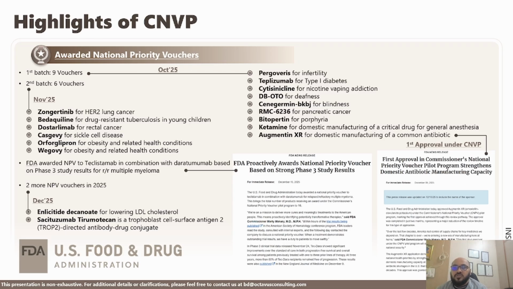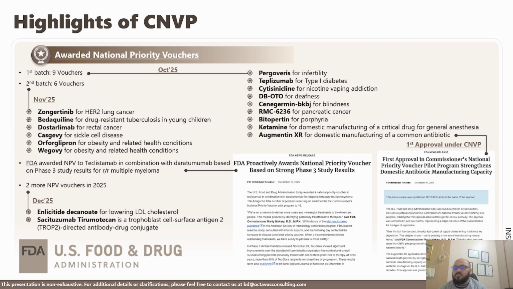Then there are other vouchers which have been received by, again, an ADC in oncology, Sarituximab, an ADC. You can see it's a variety of molecules ranging from infertility, blindness, and antibiotics, and then an obesity drug.